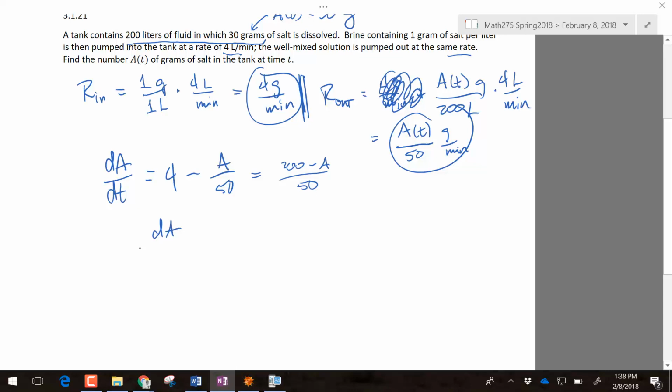We have dA over 200 minus A is equal to dt over 50. And then we'll integrate. This is going to be negative, right? The negative ln of 200 minus A is equal to 1 over 50 t plus a constant.